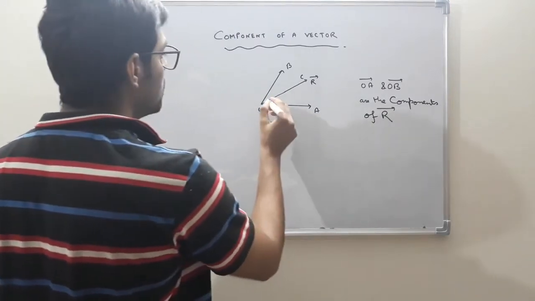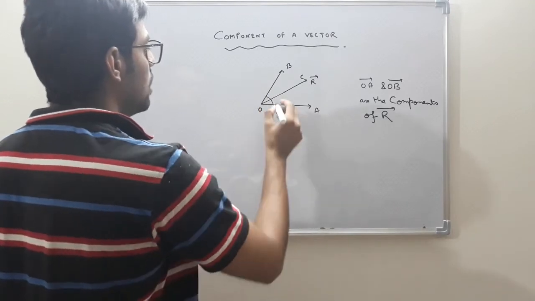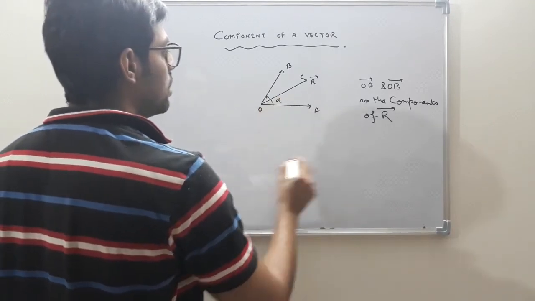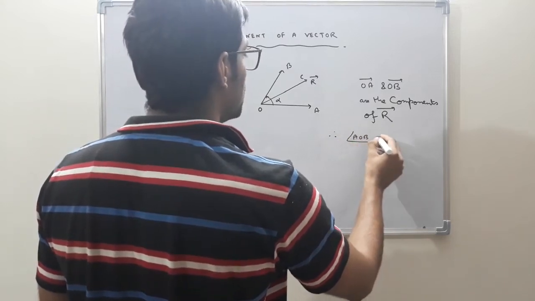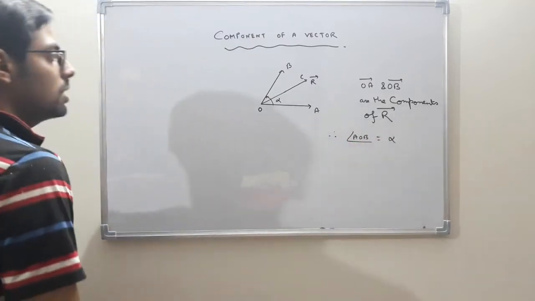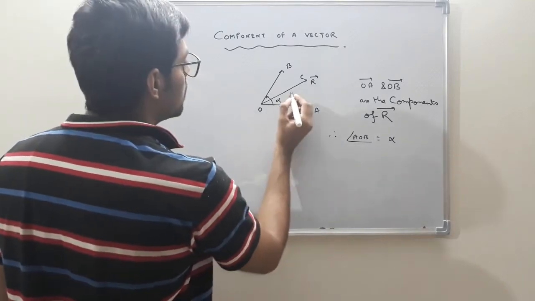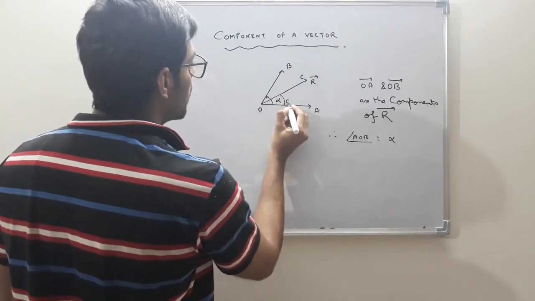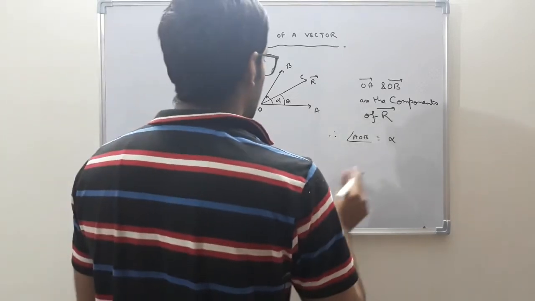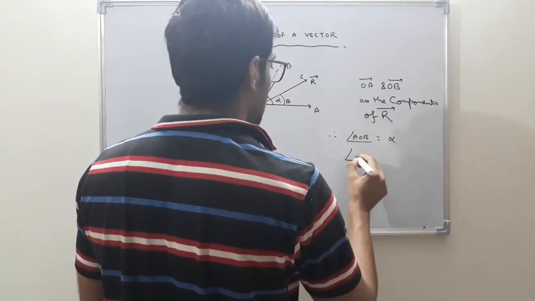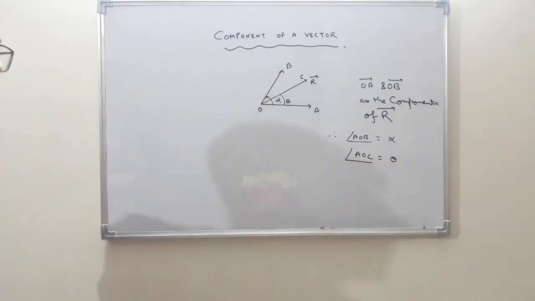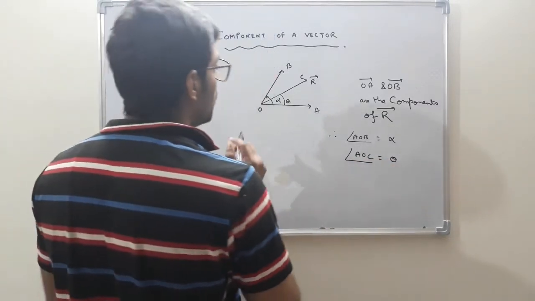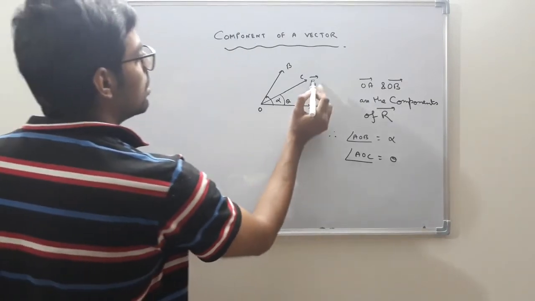Now suppose this angle is alpha. Therefore let us say angle AOB equal to alpha, and this angle is theta. Angle AOC equal to theta. Now let us join this.